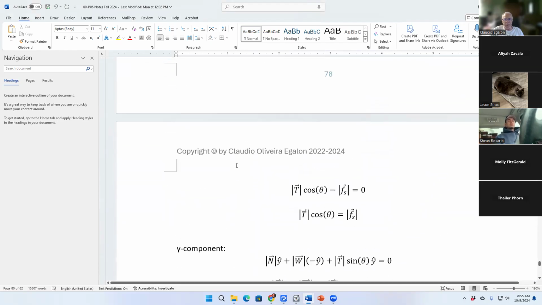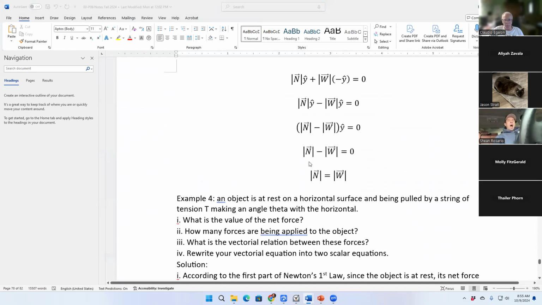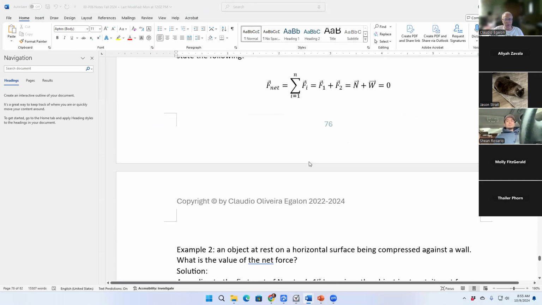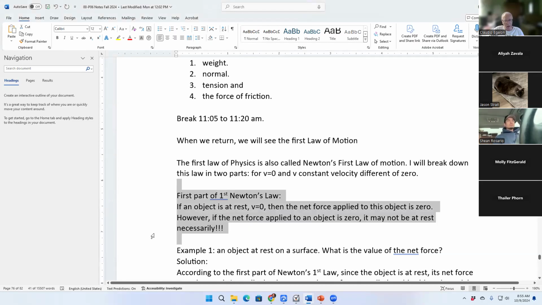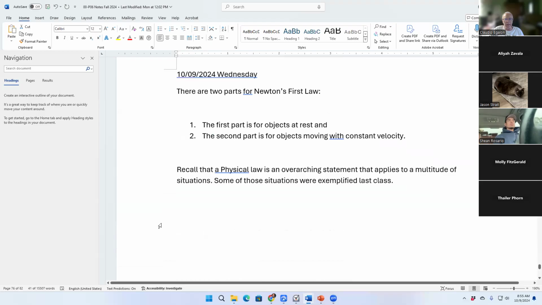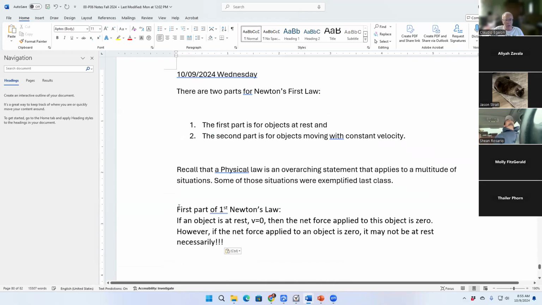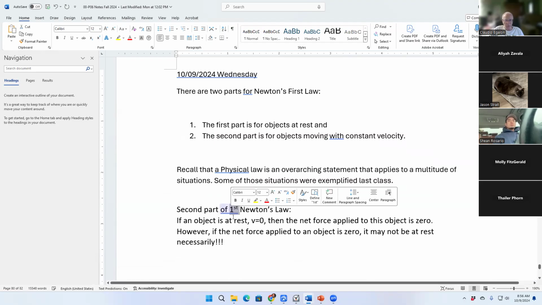Let's copy the first part of Newton's first law. Example 1, 2, 3, 4. Here you go. That's the first part of Newton's first law. And now I'm going to formulate the second part of Newton's first law.